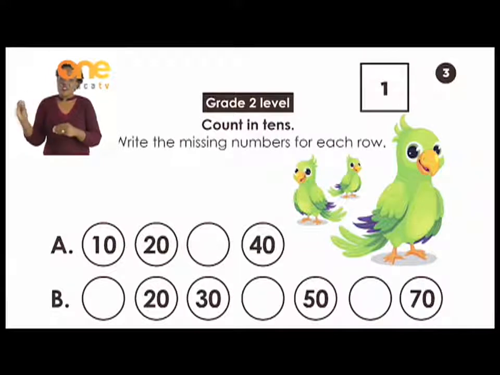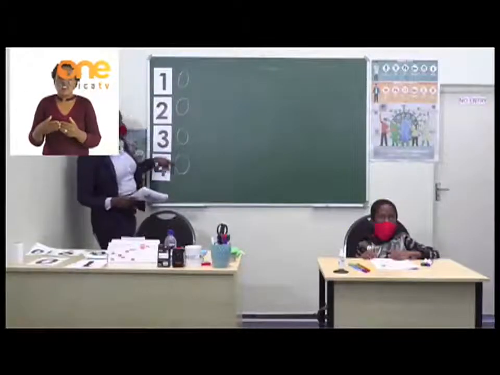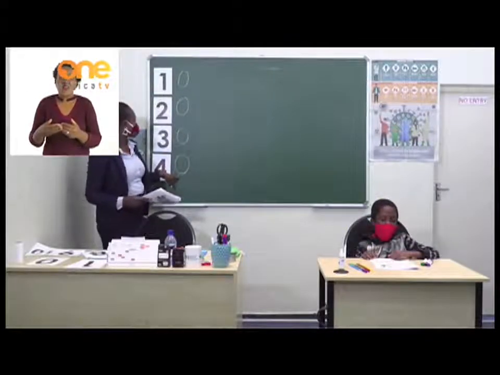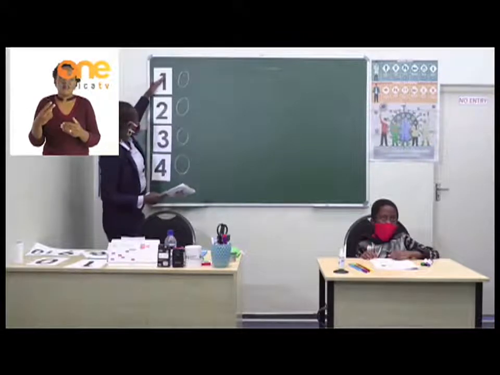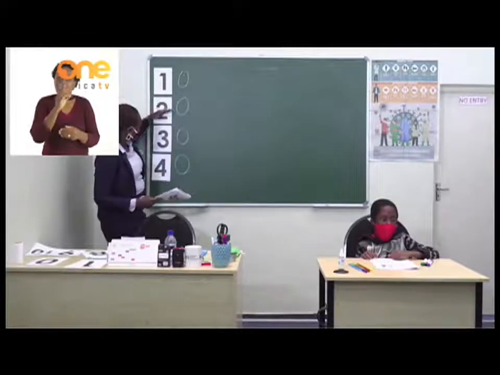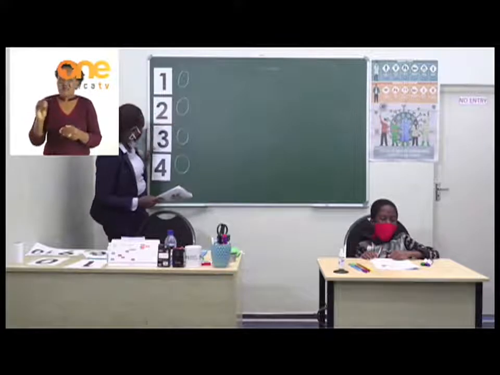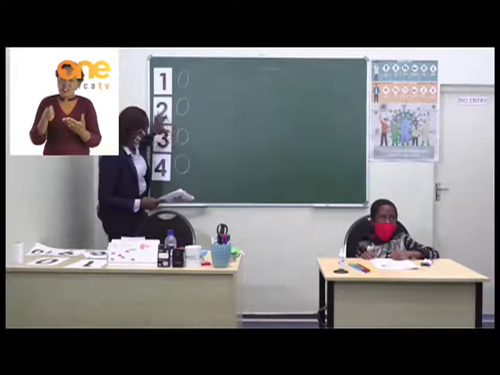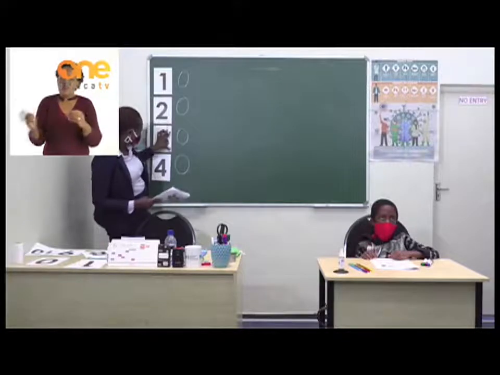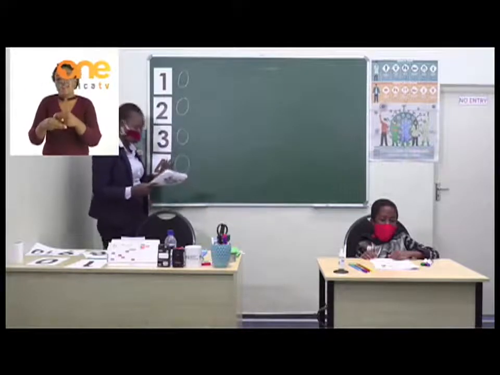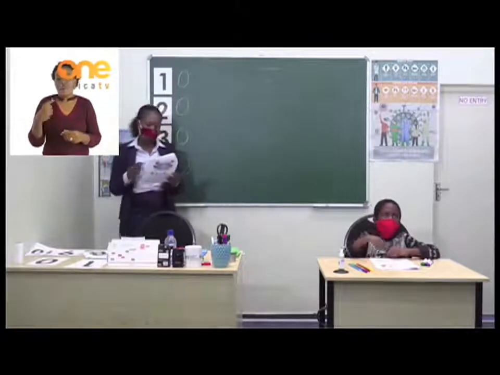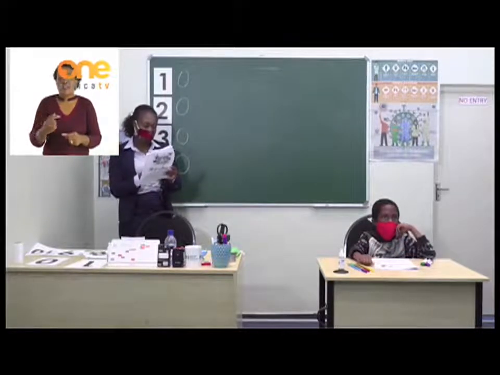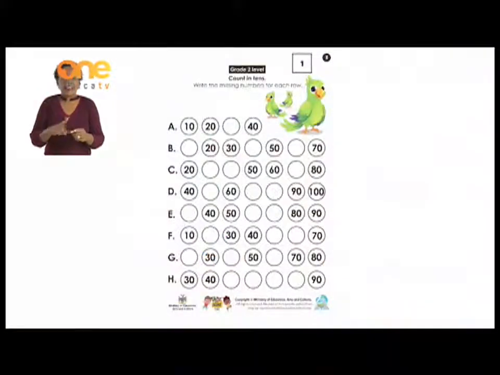To make it easy, we have the 10, we have the 20, and this number is missing. So it means in this box you fill in 30 and then 40. You can do the rest on your own: B, C, D, E, F, G, and H from your booklet.